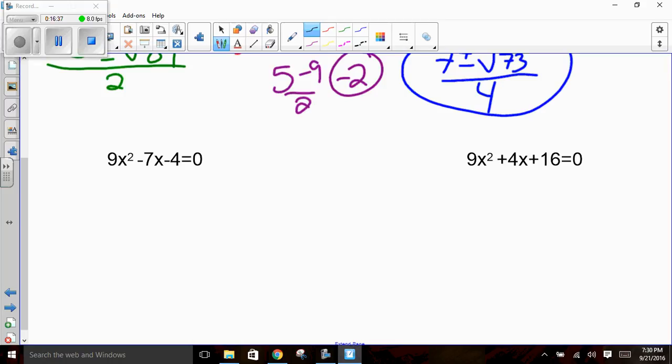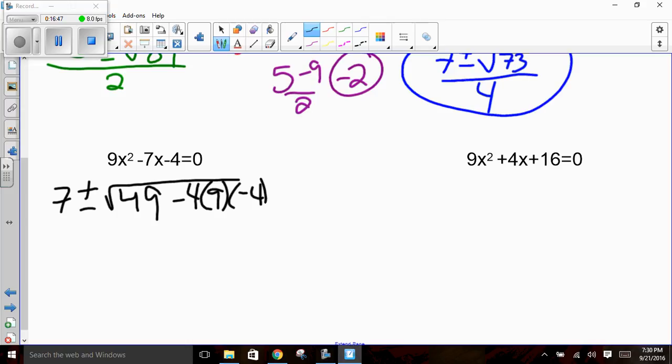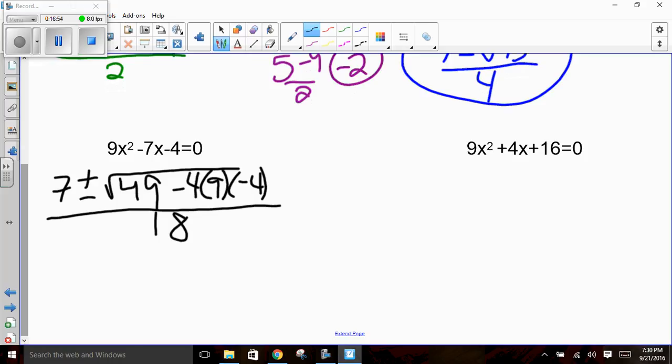All right, third problem. Opposite of -7 is +7, so I have 7 plus or minus the square root of 49 minus 4 times 9 times -4 all over 2 times 9, or 18. -4 times 9 times -4 gives me 144.